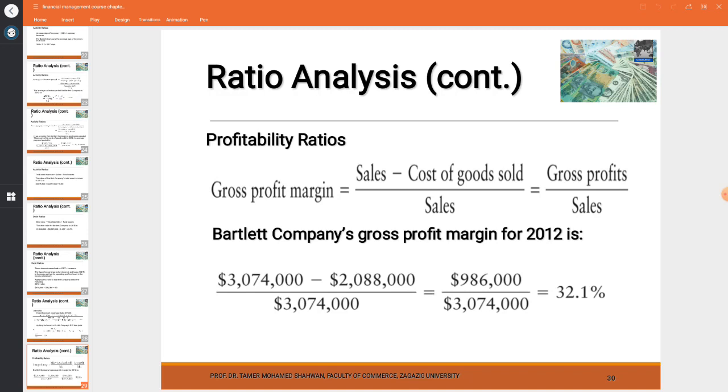How could we determine profitability ratios? The first one is called gross profit margin. Gross profit margin is equal to sales minus cost of goods sold divided by sales. Sales minus cost of goods sold means gross profit, divided by sales. In our example, you have this data, sales and cost of goods sold, from an income statement, and you will find that our gross profit margin is 32.1%.